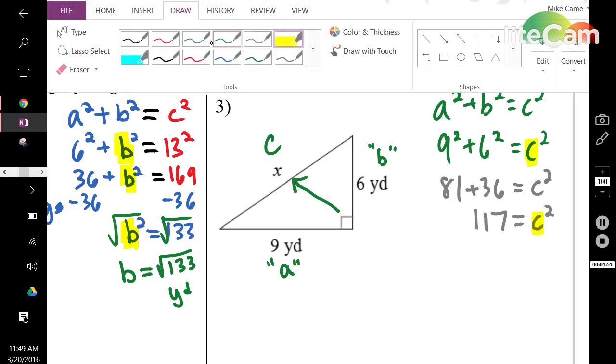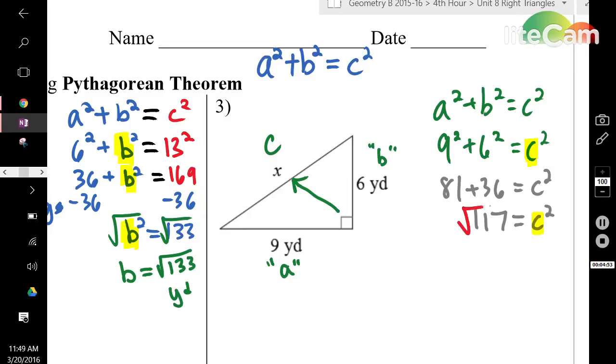We're going to square root both sides, and you get c equal to the square root of 117. Again we're looking for a perfect square that goes into 117. We think of 9. 9 goes into 117.